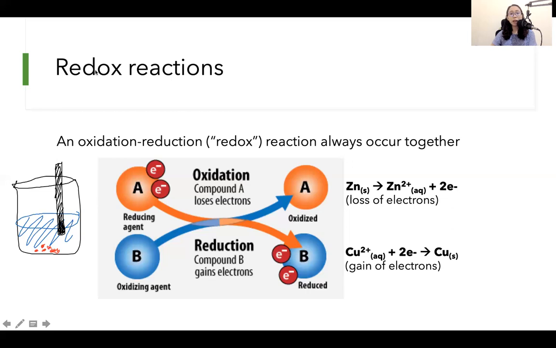And after some time, the blue color will become colorless. Why is that? It's because the copper 2 ions are being reduced to solid copper. Copper 2 ions are blue in solution, solid copper is red. So redox reactions are actually fun to watch in a laboratory because of these color changes and formation of precipitates.